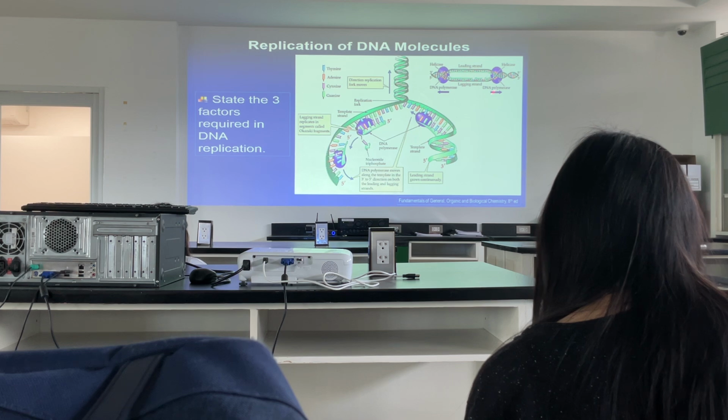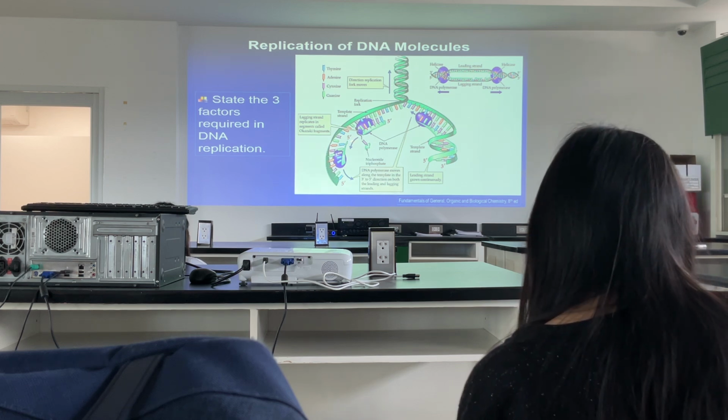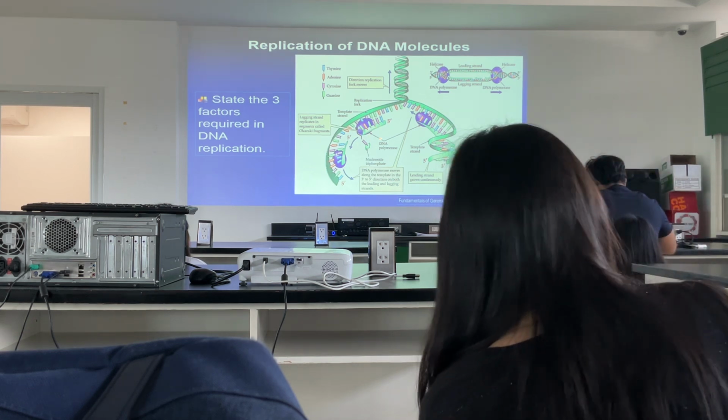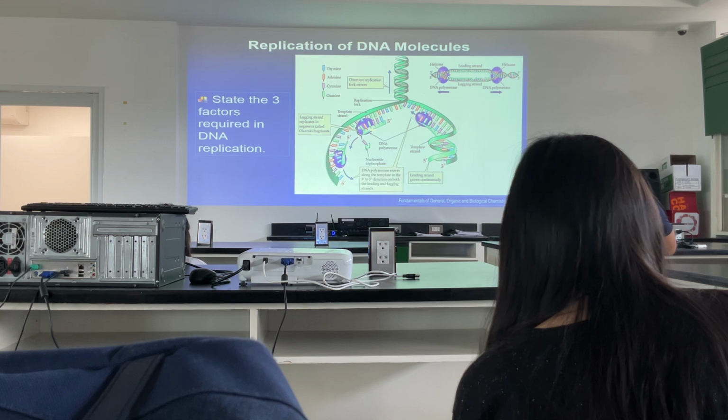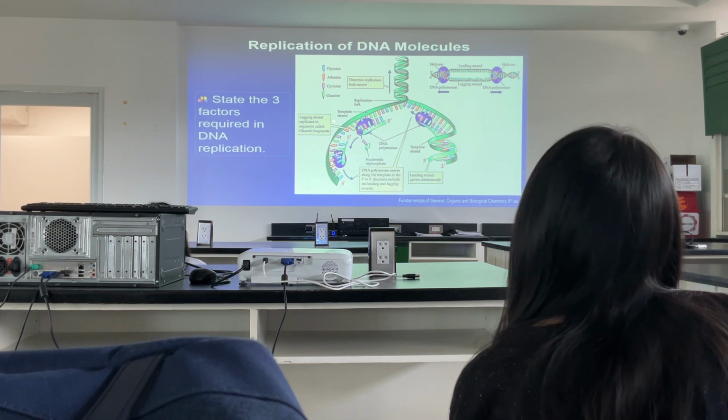So again, in one of the strands, synthesis of the complementary strand will come in fragments. Therefore, you have fragments of polynucleotide chains, and there are breaks or nicks in between.